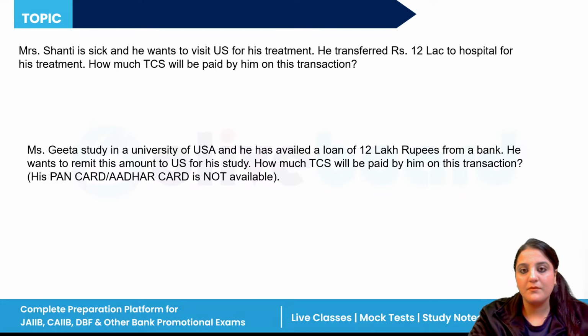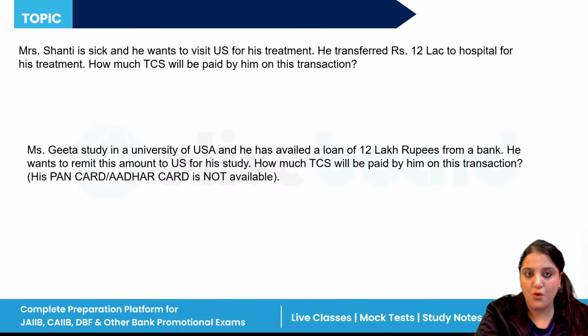For Mrs. Shanti. See, 12 lakh to the hospital she wants to transfer. So 12 lakh is more than 10 lakh. We have to deduct these 10 lakhs from this 12 lakh.